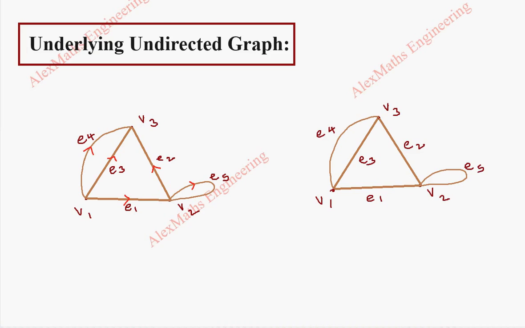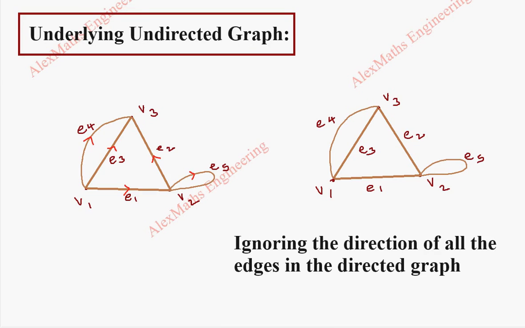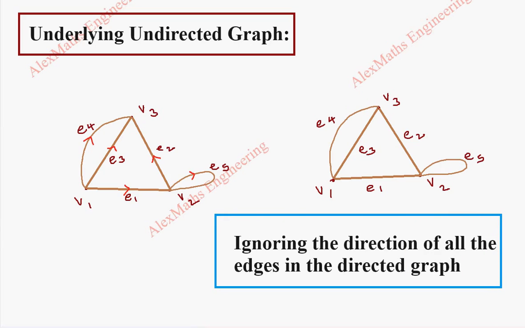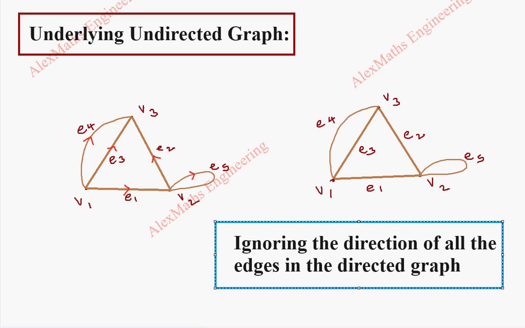So what we have done is we have removed all the directions. From the directed graph we ignored all the directions of all the edges, and the remaining graph we get will be undirected, and such a graph is known as the underlying undirected graph.